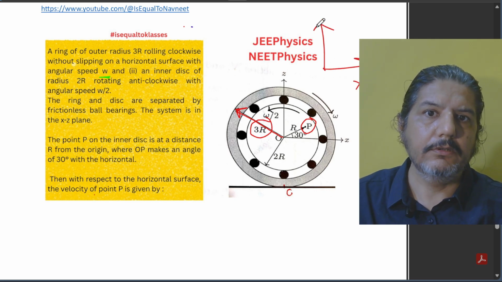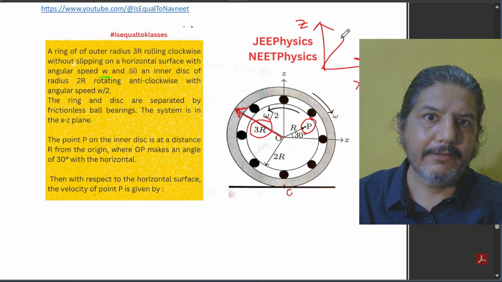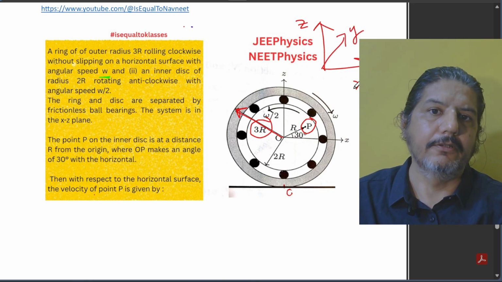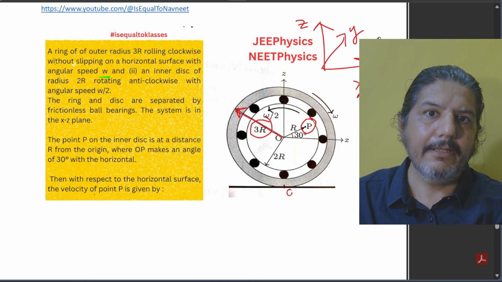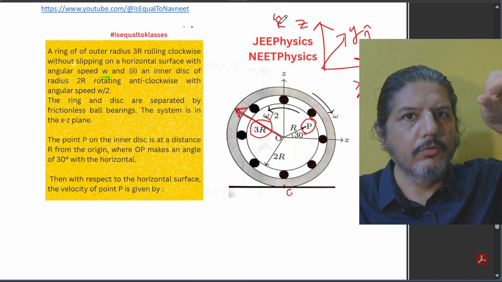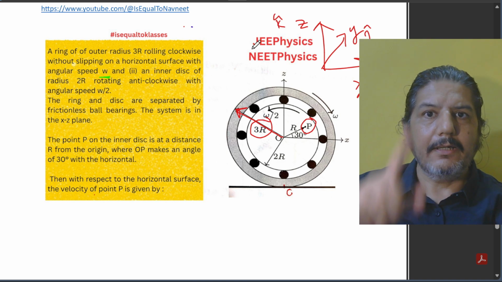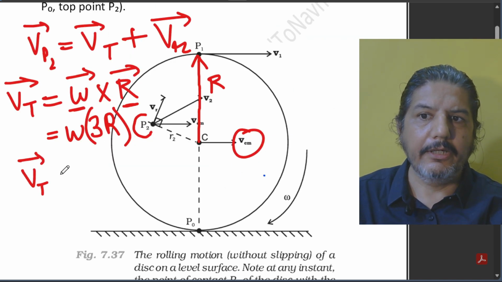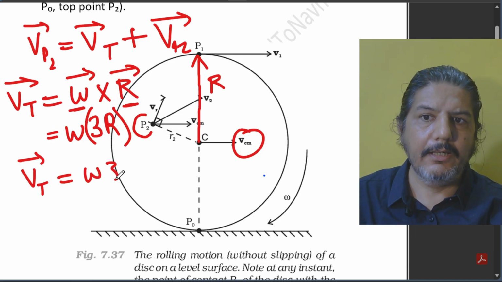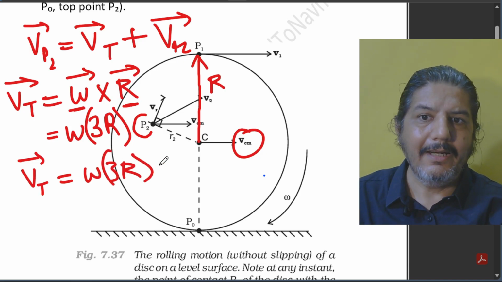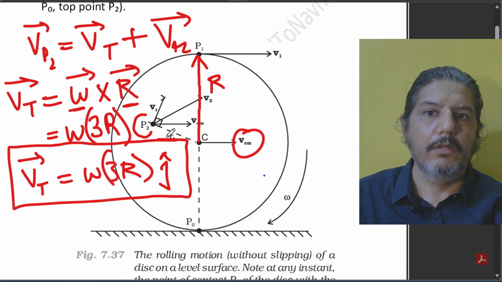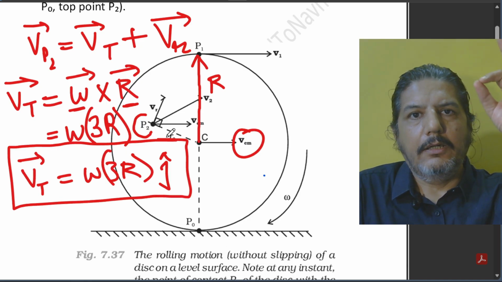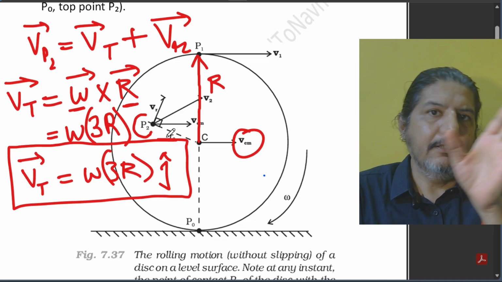This is my x, this is my z, and my y axis is in this direction. So this is deciding my i, this is deciding my j, this is deciding my k. Because I have to use the right hand rule, the vector notation of my translational velocity will be this magnitude, and this j component would be giving me the vector translational velocity which is on the right hand side.